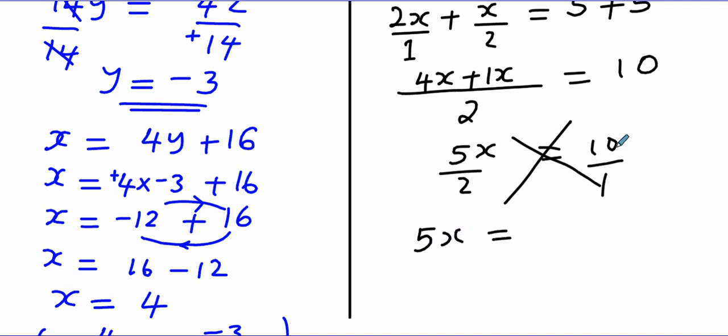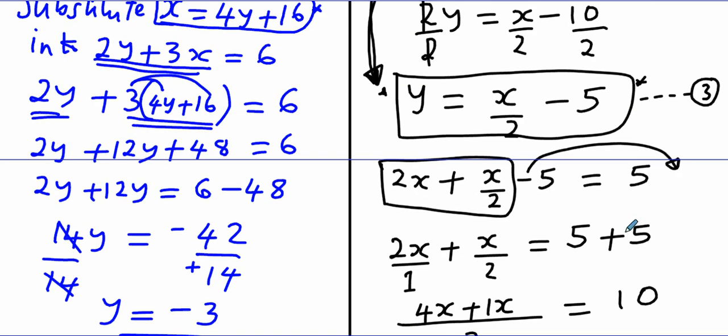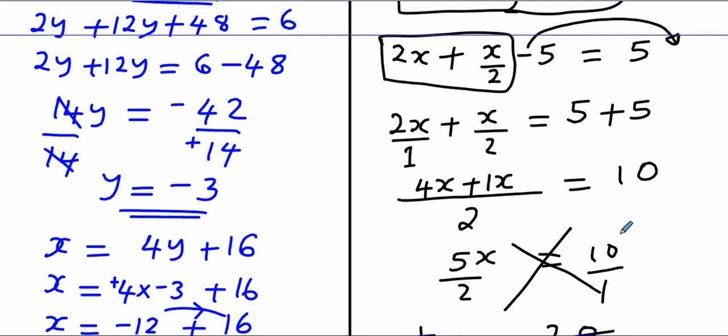That equals 2 times 10, which is 20. To find the value of x, we need to divide by 5. So x will be equal to 20 divided by 5, which is 4. So x equals 4. So now we already know the value of x.